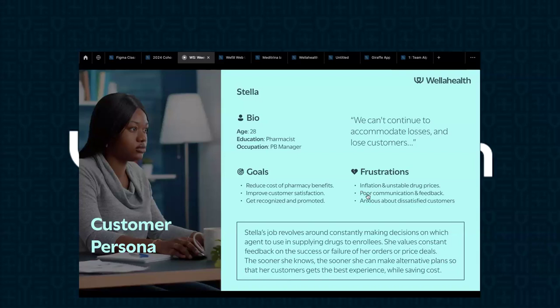Then another of their frustrations is poor communication and feedback, right? They have this experience that whenever they are working with third-party administrators like ourselves, they find poor communication to be an issue.